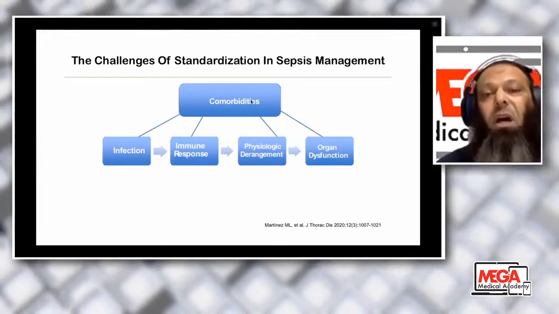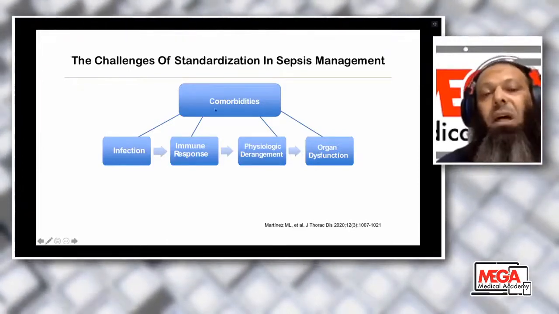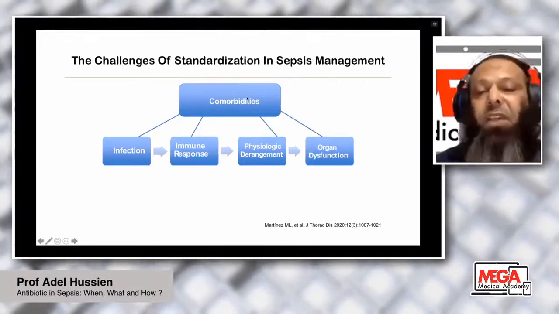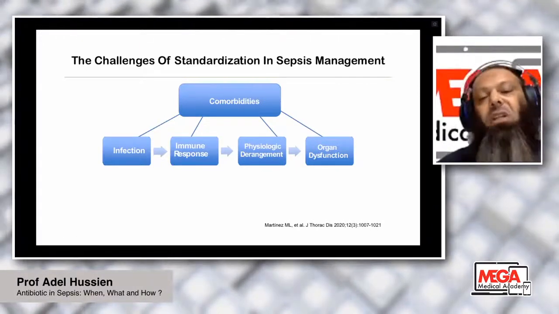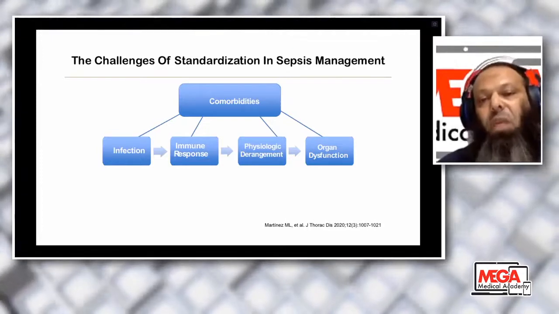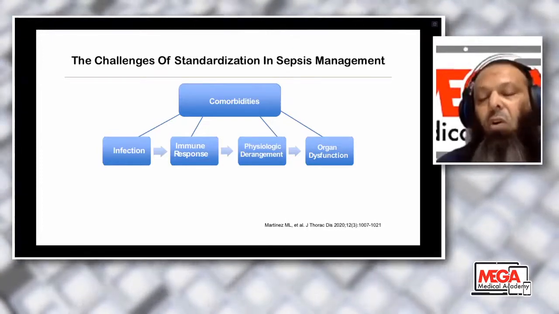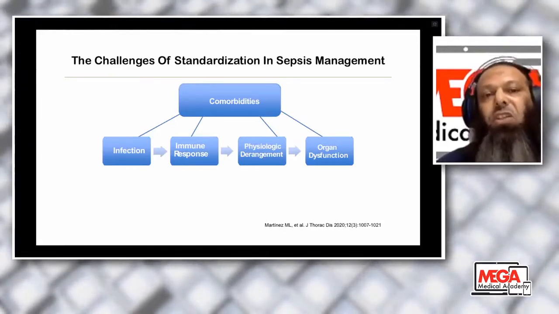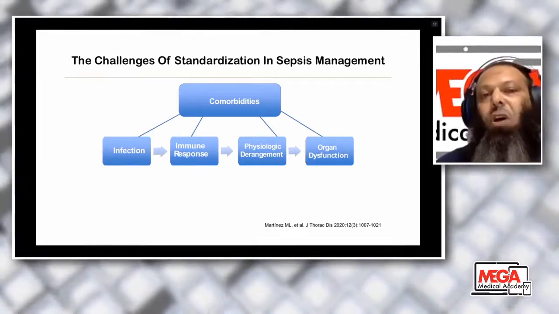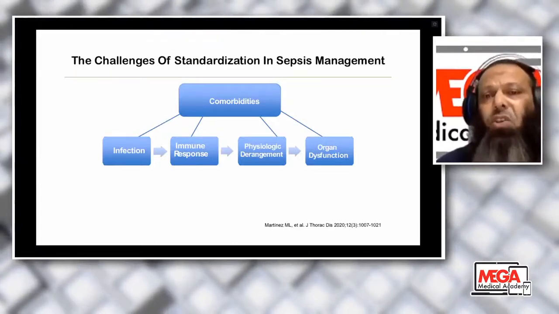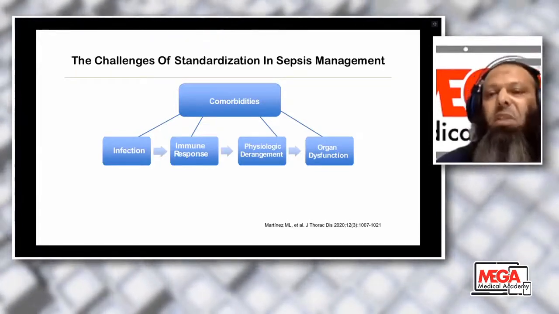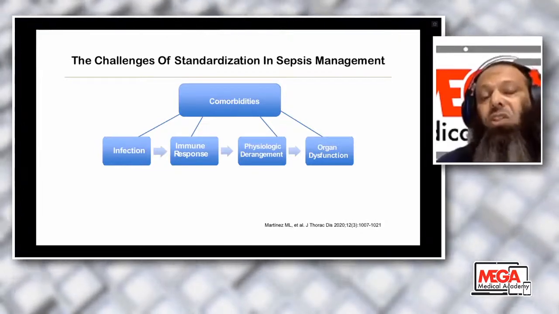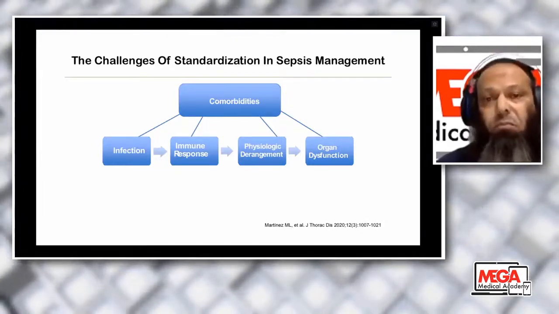Your patient has multiple comorbidities, plus the infection, the immune response, the physiologic derangement that results from those, and the sequelae of organ dysfunction. So those challenges led to unavailable standardization in sepsis management. Yes, you have the best available evidence, but till now you have those challenges you cannot overcome one by one.